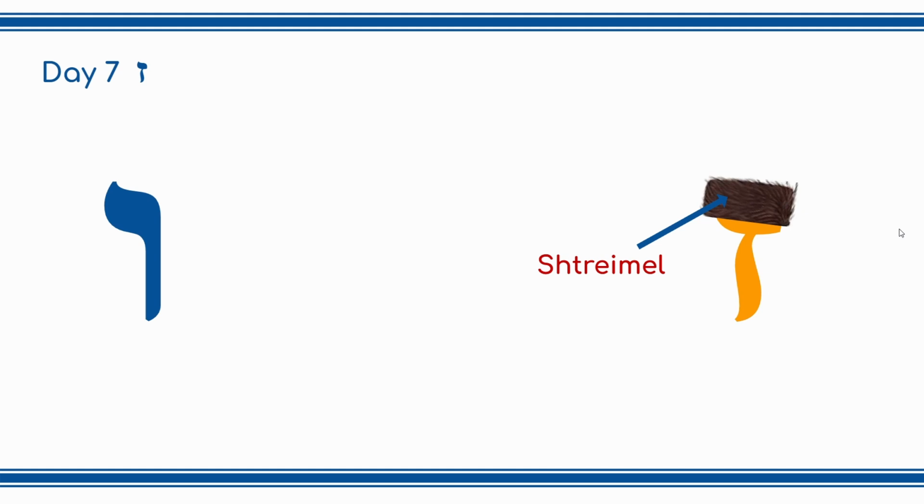It's a custom that they wear this hat during Shabbat, a special kind of occasion. The shtreimel is a fur hat that they wear during these holidays. And Zayin kind of looks like he's wearing a hat, and maybe that can be a fun way for you to remember what Zayin looks like. He's wearing a hat, or specifically a shtreimel.